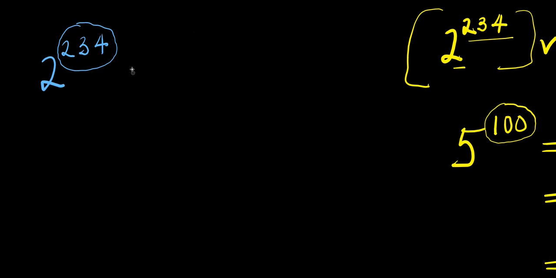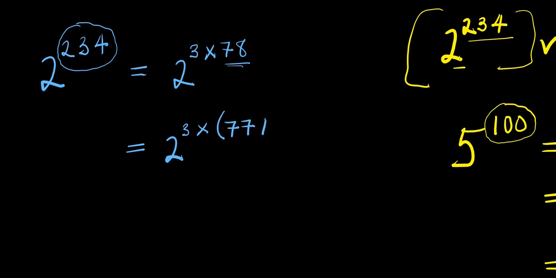So this equals 2 to the power of 3 times 78. Now, from here, I will express this 78 as a summation of 77 and 1. This will be 2 to the power of 3 times 78, which is simply 77 plus 1.